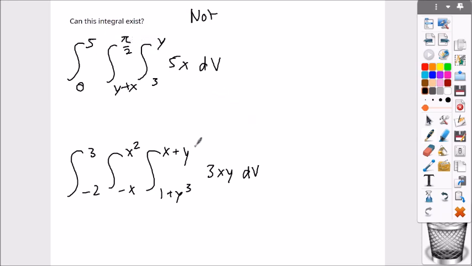Not possible. However, this integral is possible, and this is possible if it's dz dy dx. Exactly. Has to be dz dy dx. Why? Because z is equal to these functions right here. You're taking the lowest z to the highest z.